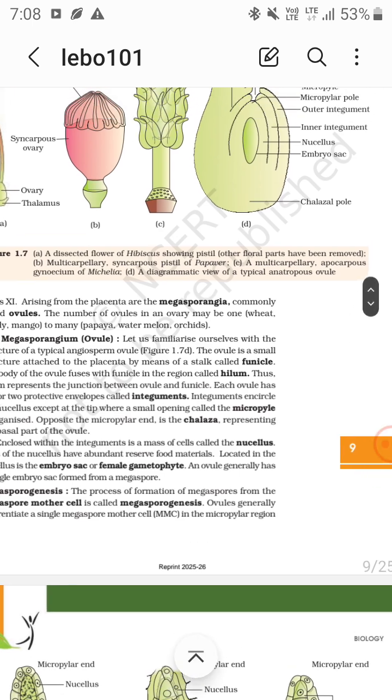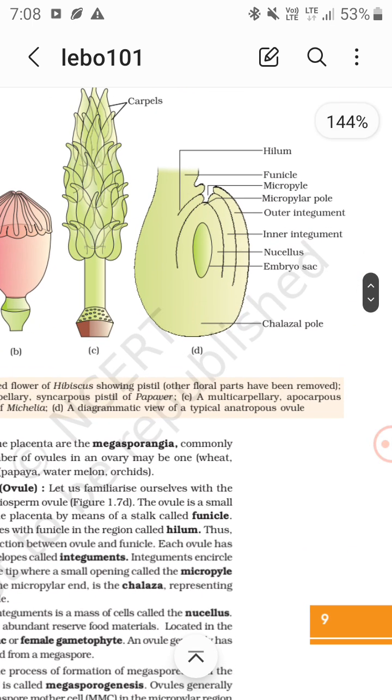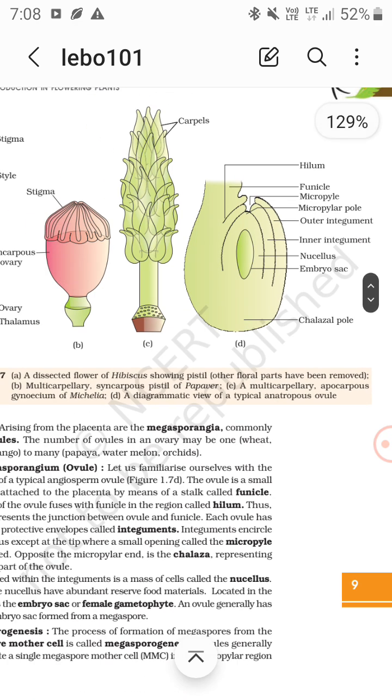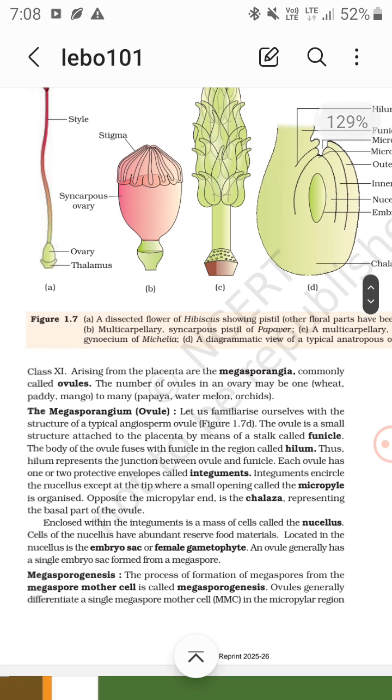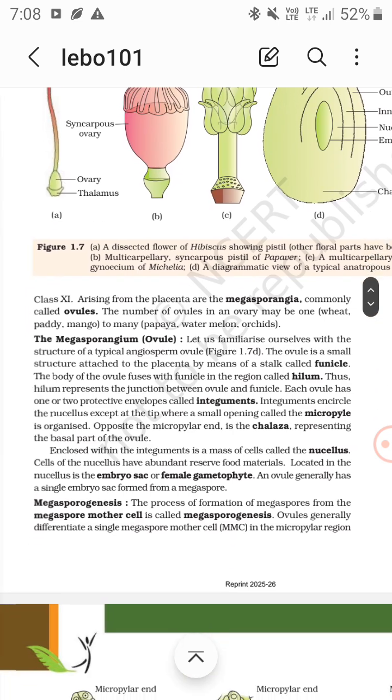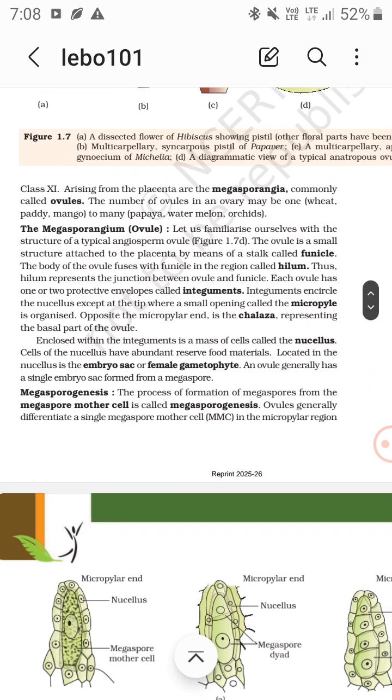Now we study the anatropous ovule. Here you can see the funicle, then the hilum and micropyle. The junction between ovule and funicle is the hilum. Then there is the outer integument and inner integument, the nucellus, and then the embryo sac. Opposite the micropyle is the chalazal pole. As you can see, stigma, style and syncarpous ovary are shown.